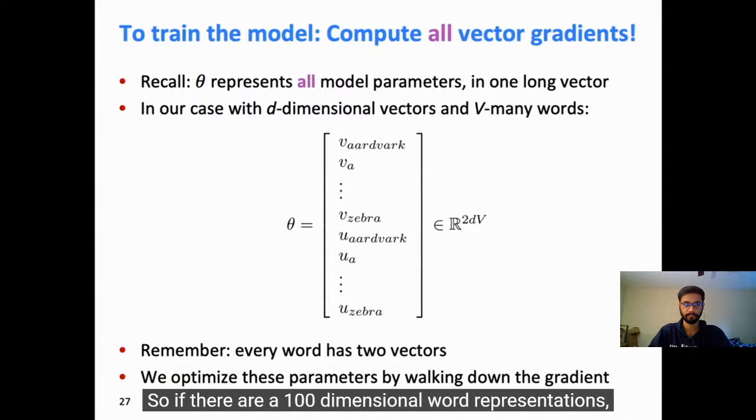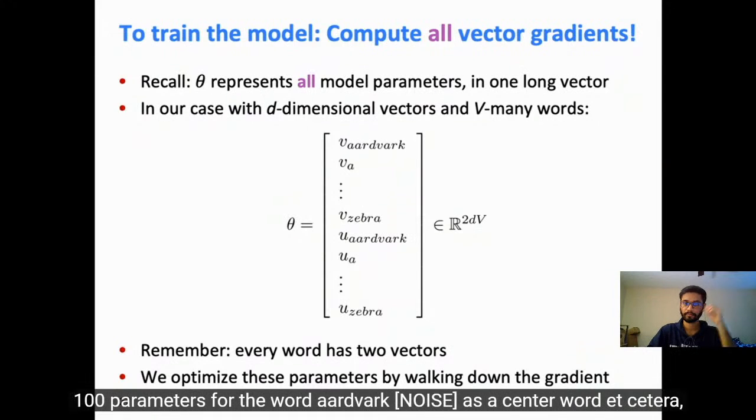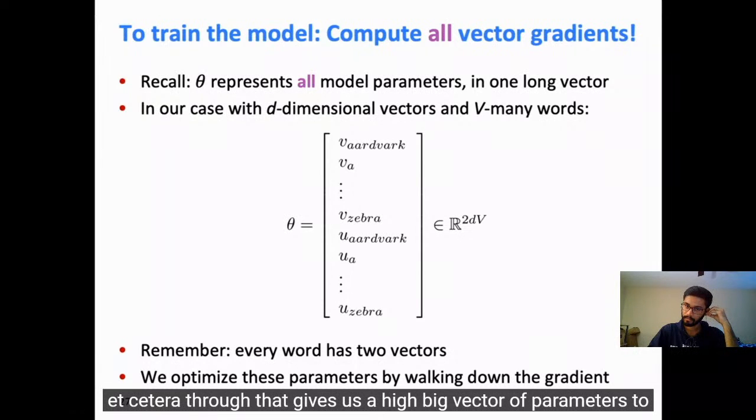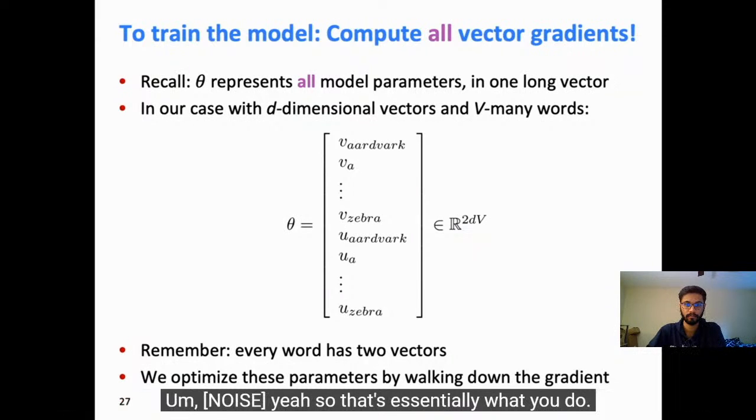So if they're 100-dimensional word representations, there are 100 parameters for aardvark in context, 100 parameters for the word art in context, etc., going through, 100 parameters for the word aardvark as a center word, etc., through. That gives us a big vector of parameters to optimize, and we're going to run this optimization and then move them down. Yeah, so that's essentially what you do.